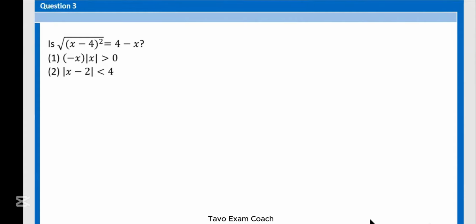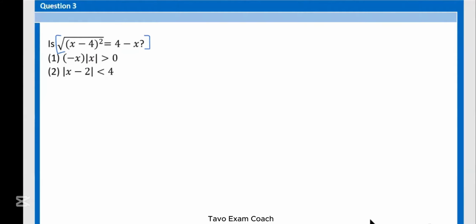For data sufficiency questions, what we do first is try to reformulate the original question in such a way that we use an equivalent criterion to simplify the question. In other words, what needs to be true for this equality to be true?